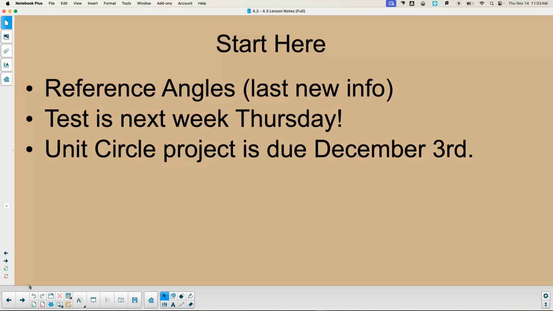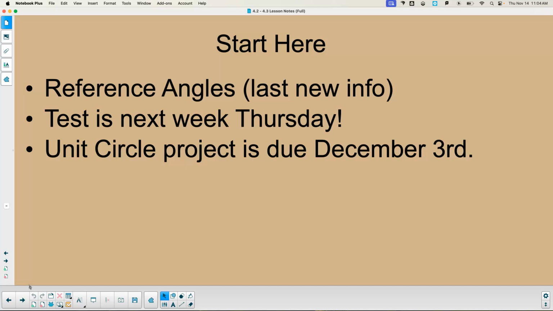Your formative corrections on the formative that you got back earlier this week, those are due next week, Thursday, right here. And I think that's all that we got due next week, Thursday. Okay. I also remind you that your unit circle project due date is the 3rd of December, which is not very far away because that's the Tuesday after Thanksgiving break. Okay? Any questions on any of that stuff so far today?